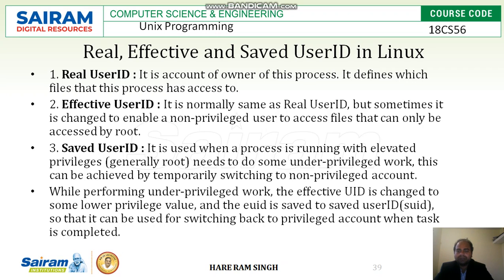Some tasks can be done with high privilege, so at that time we can change the real user ID to the effective user ID. Similarly, if a process has an effective user ID and has to do some underprivileged task, it can change to the saved user ID.